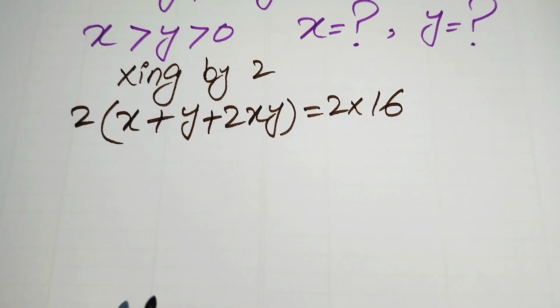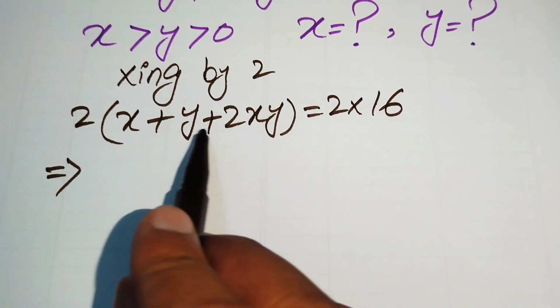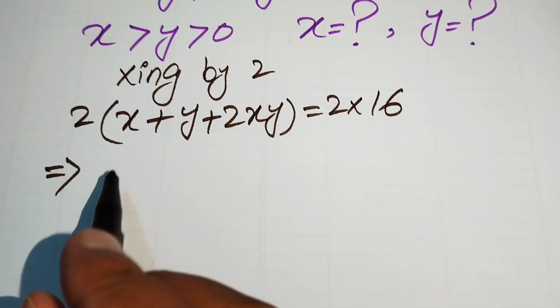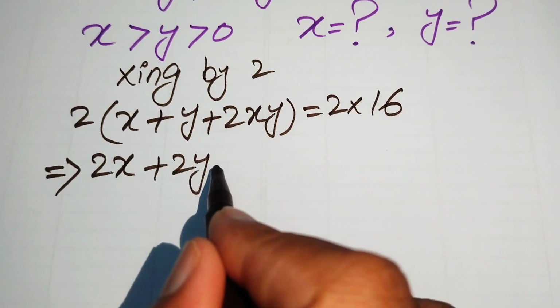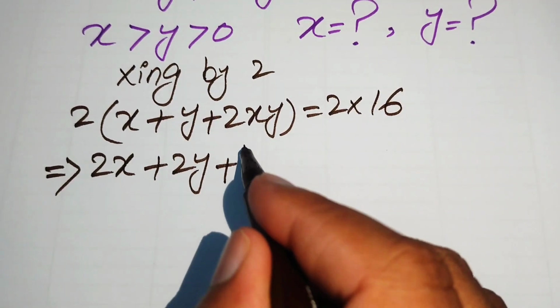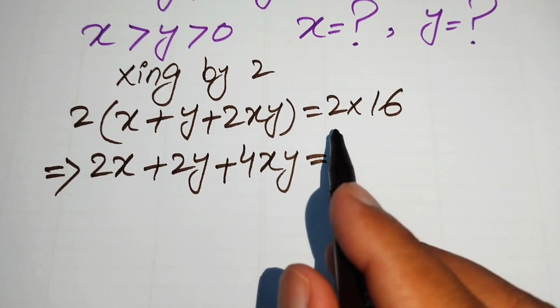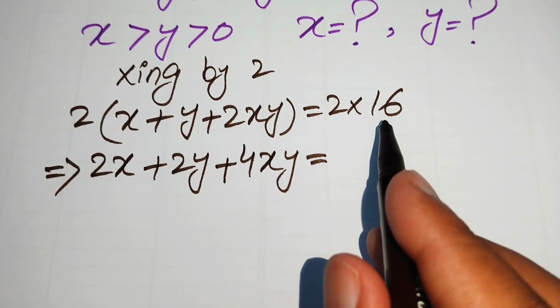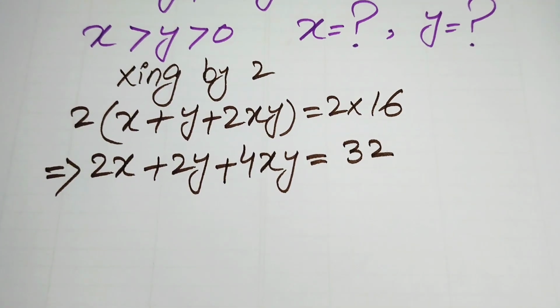Multiplying the 2 on all terms gives 2x plus 2y plus 4xy equals 32.